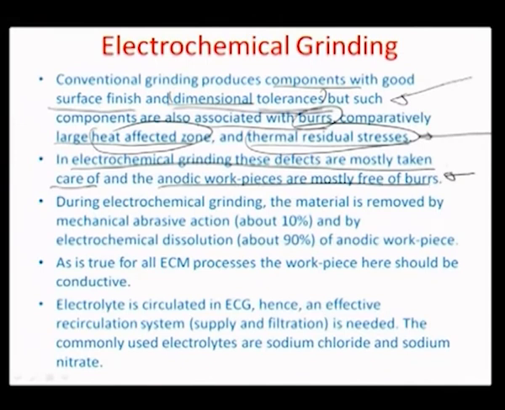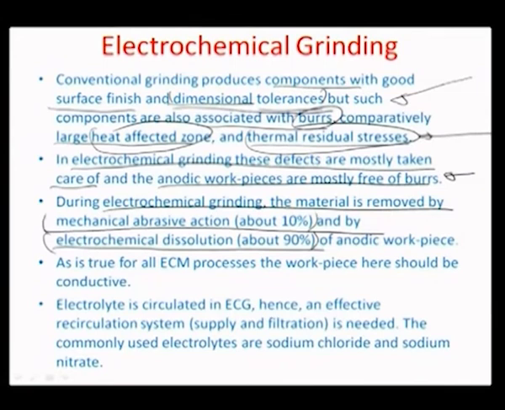So during electrochemical grinding, the material is removed mostly, as I told you, by electrochemical dissolution, which is about 90% of the overall material, and then a little bit by mechanical abrasive action, which is only about 10% of the material removal.